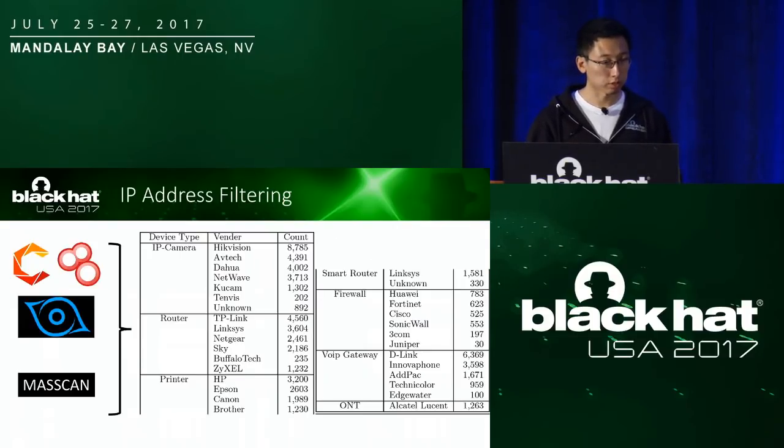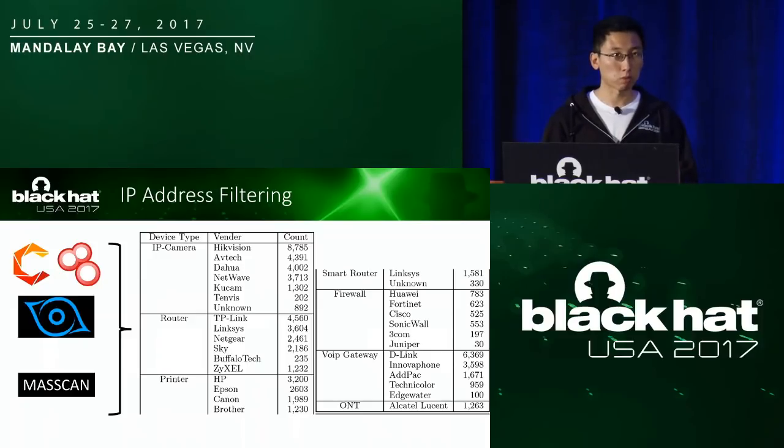So the first one is we maintain an IP list, of addresses which have an IoT device behind them. Compared to the 4 billion IPv4 address space, the number of IoT devices is a very tiny portion.